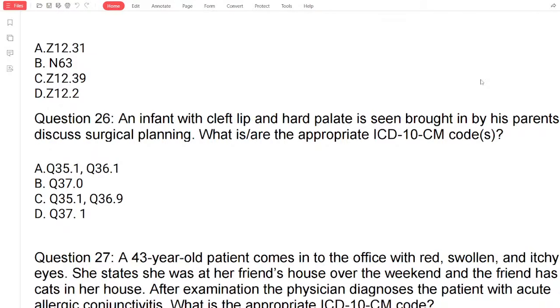No, Rasna. 25C. No, actually 25A is the answer.